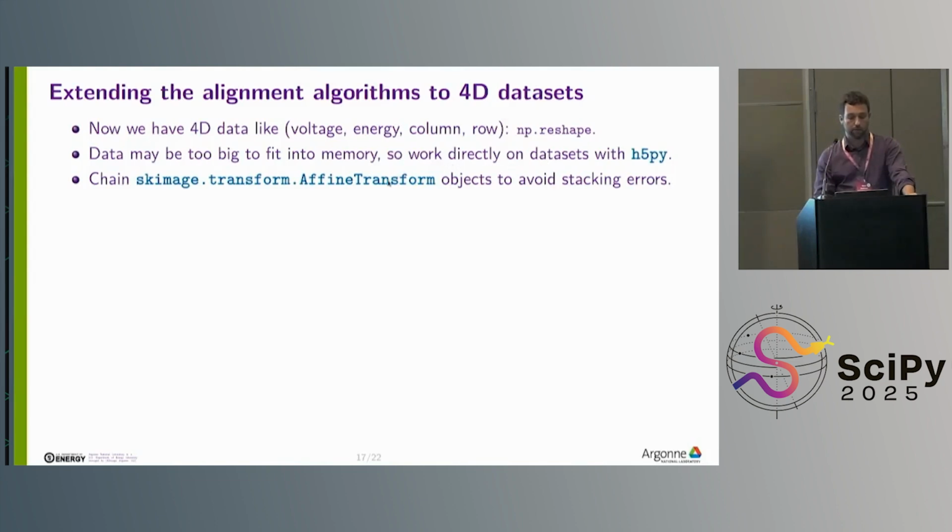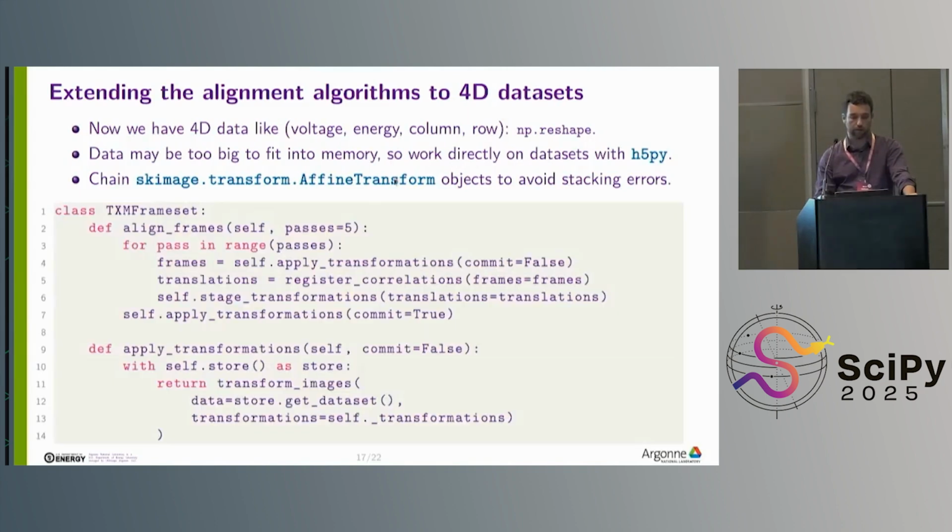And then the other additional step is that scikit will give you the actual transform rather than just the values for the transform. This is a condensed version of the routine I used, but for each pass, the first thing it does is get the data set and apply any existing stage translations.